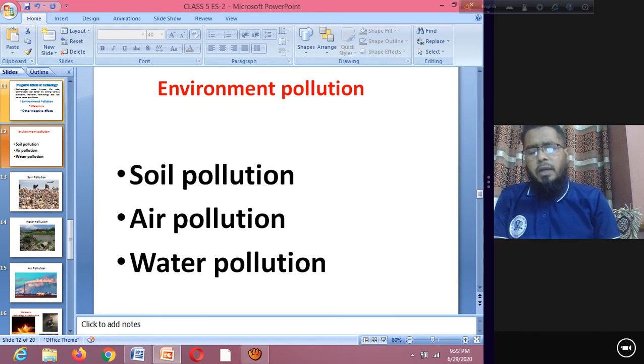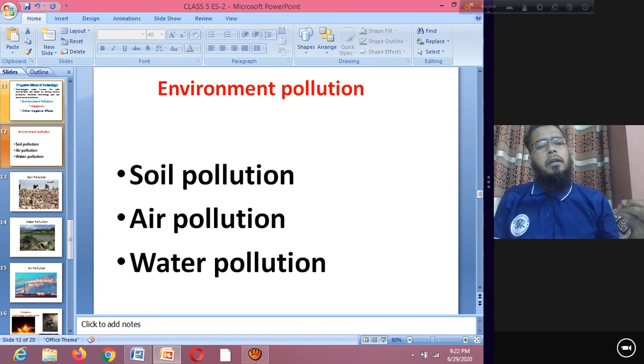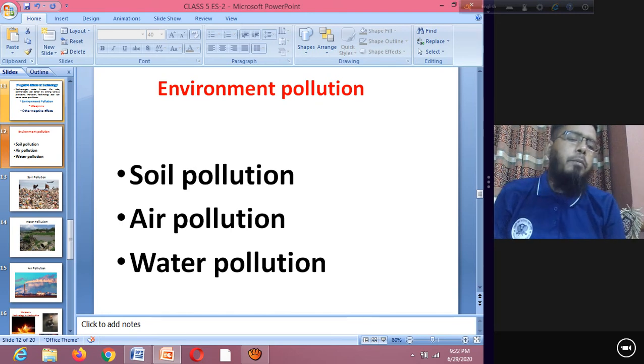Chemical fertilizer and pesticide help to produce more food, but they can cause soil pollution and water pollution. So these are very much harmful. And factories and mills regularly produce a lot of smoke, and our air is being polluted.